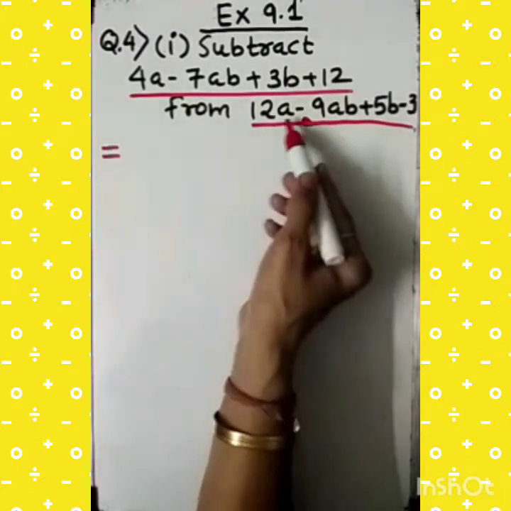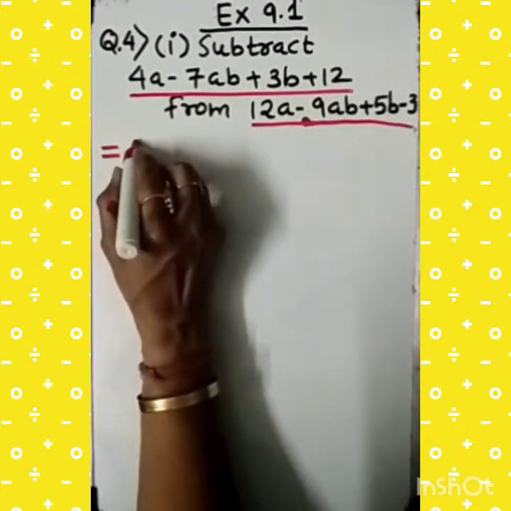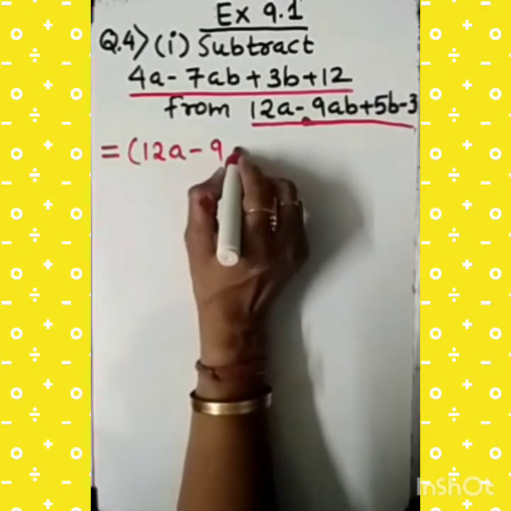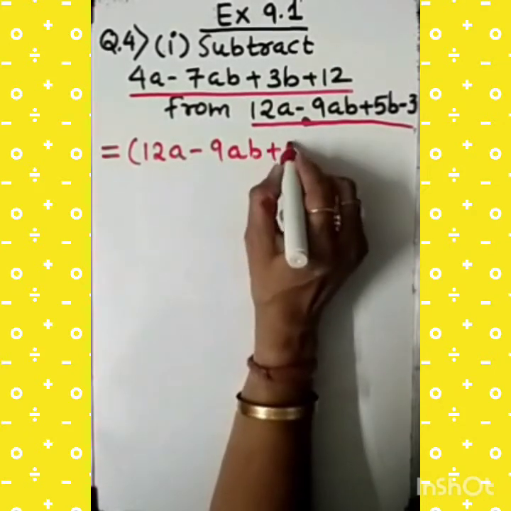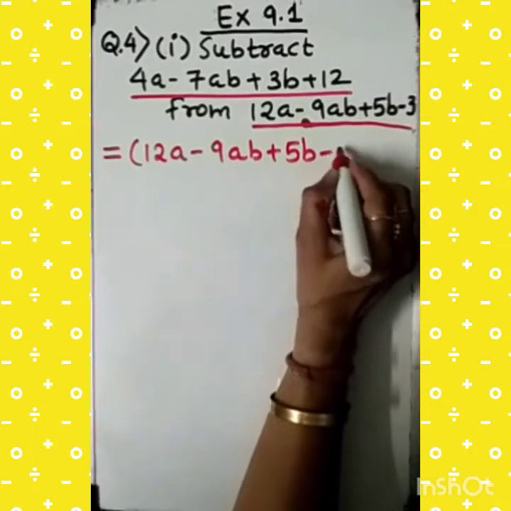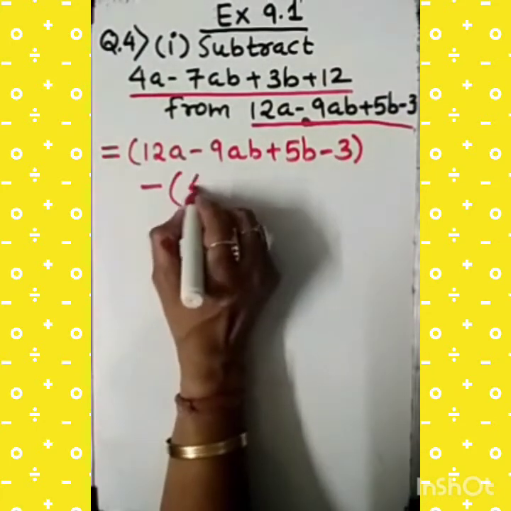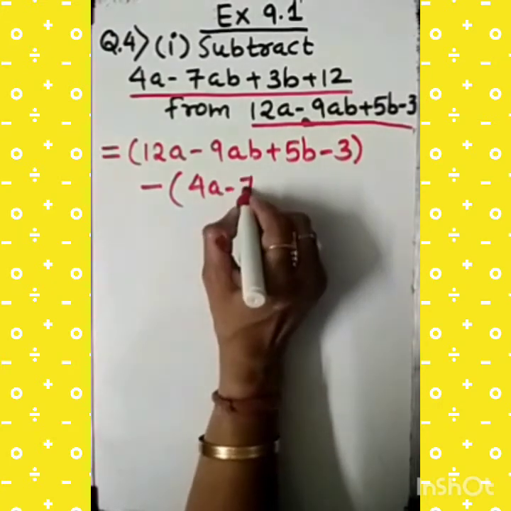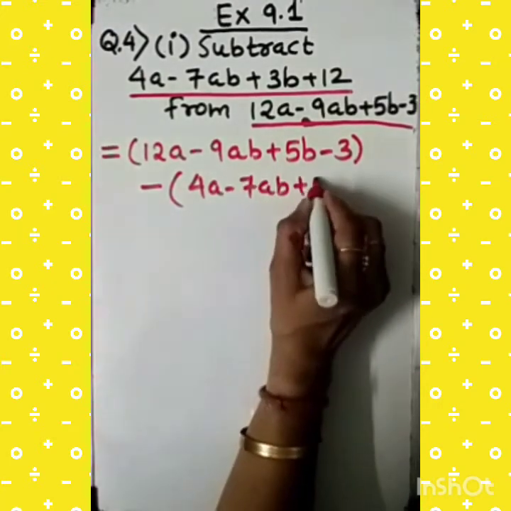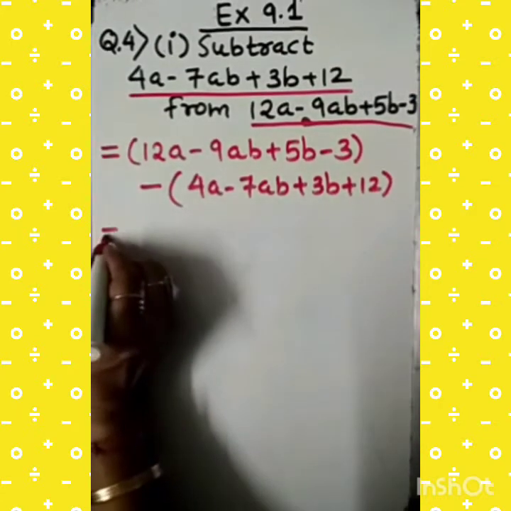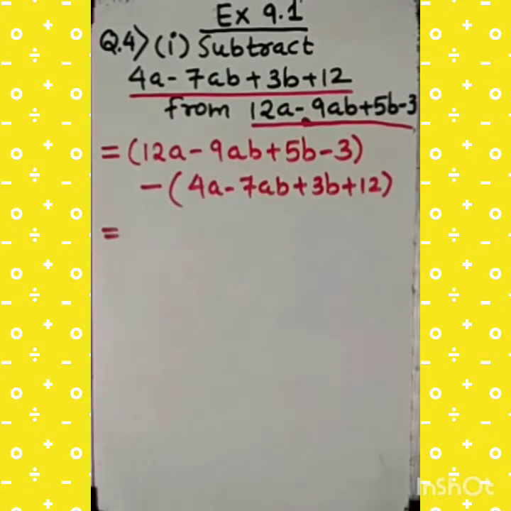So we need to write the second first in a bracket. The very first step: (12a minus 9ab plus 5b minus 3) minus (4a minus 7ab plus 3b plus 12) equals.